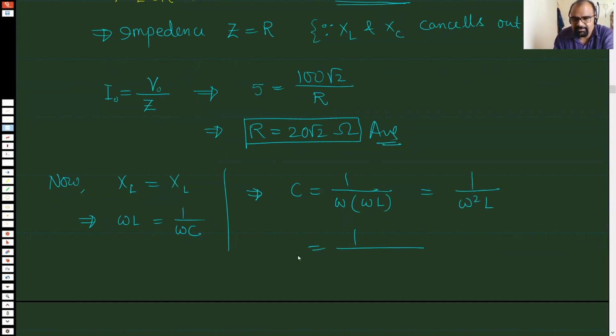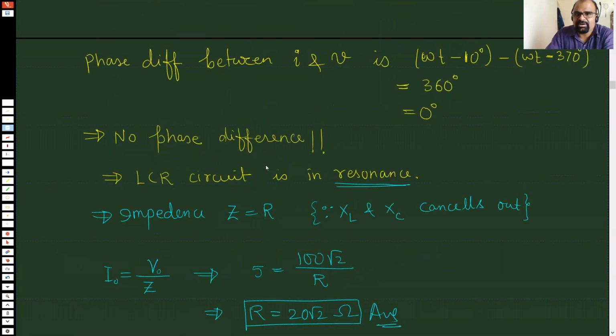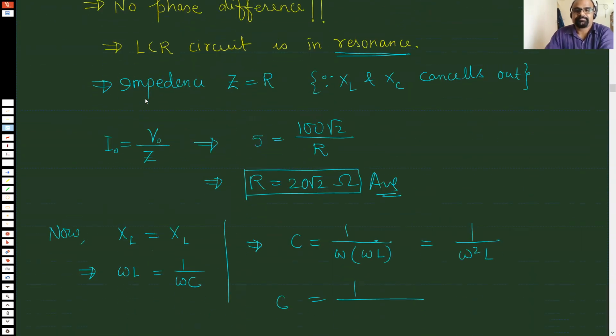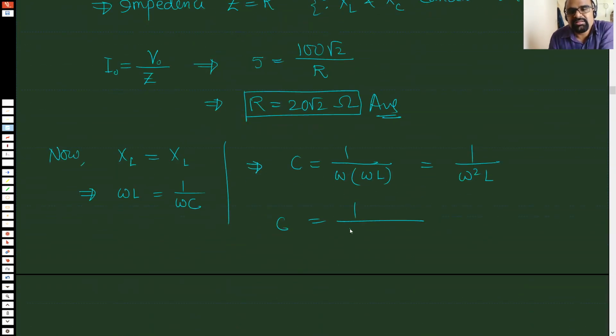Now what was omega? Look at this. The coefficient of t is omega. So that is 5000. And inductance is 0.01 Henry. So this is 5000 square and this is 0.01, which I can write as 10 to the power minus 2 Henry.